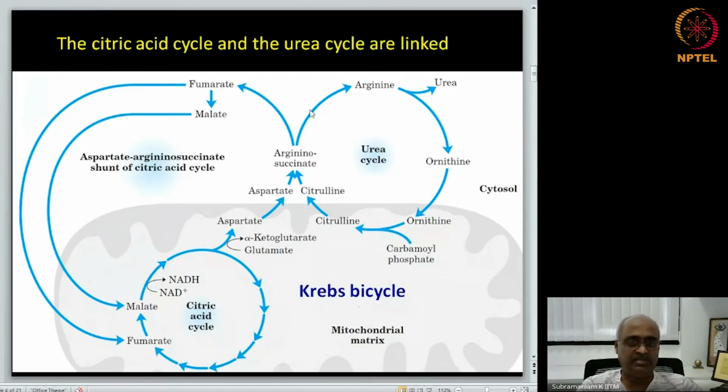This is the main cycle here, and here this is the main cycle. The oxaloacetate getting out of this main path is what we call the aspartate shunt. Similarly, argininosuccinate goes this way, but this portion is a shunt and a side track where it becomes malate and enters the TCA cycle. This is how the TCA cycle and urea cycle are linked. But the linkage requires a dynamic flux between cytoplasm and mitochondria, so it is all regulated based on the concentrations of the individual molecules mentioned here.